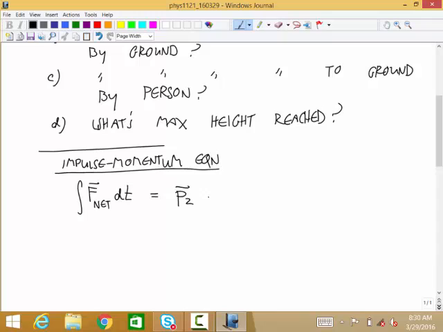So momentum at instant 2 minus the momentum at instant 1. So we're going to just do this in the y direction.